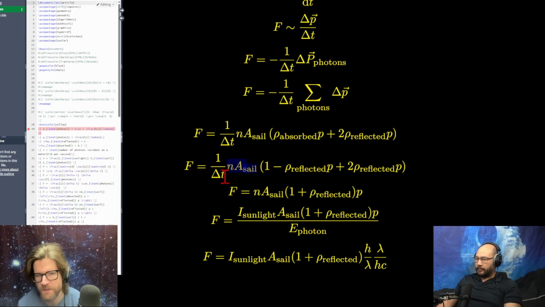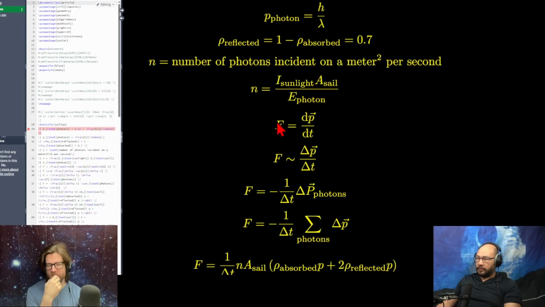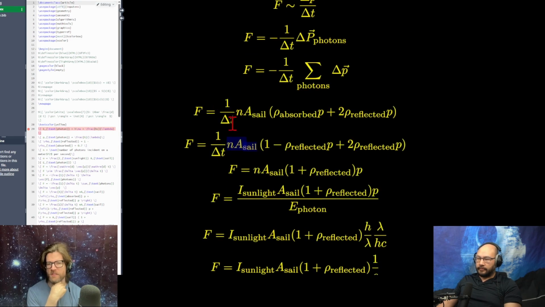I would think you multiply it across to get the change in momentum instead of the force. I may have messed up this step. What is n again? Little n is the number of photons incident on a square meter per second. So n times A is the number of photons incident per second.